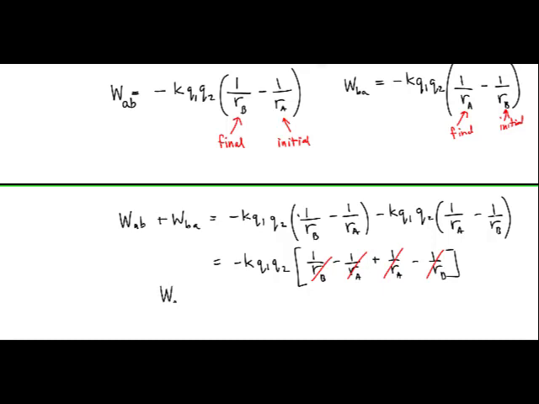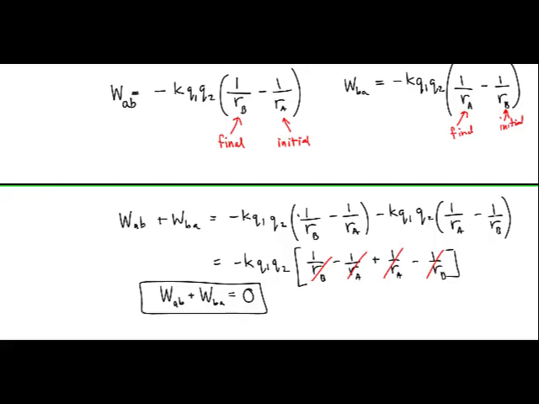This means that the work done by the Coulomb force in moving charge 2 in a complete loop from point A to point B back to point A is equal to 0.